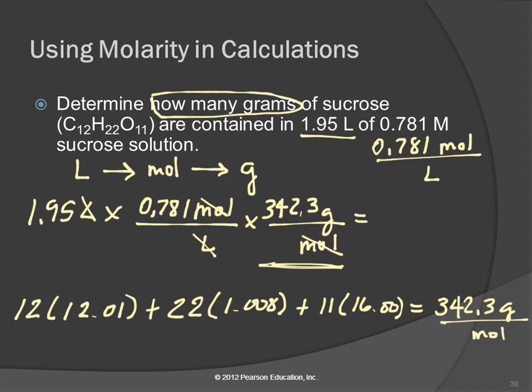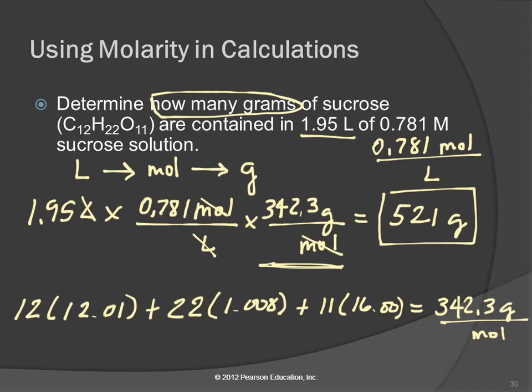Anybody else get that? Because I know I made a glitch and I wasn't sure if I got the wrong answer because of that. So 521 grams. So 1.95 liters of 0.781 moles per liter sucrose solution contains 521 grams of sucrose.